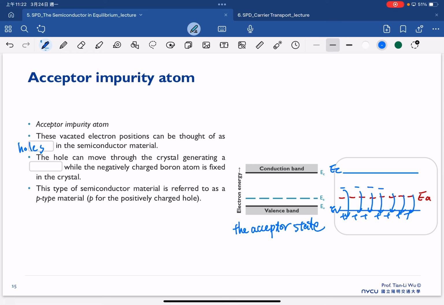And similarly, once a hole jumps to the valence band, these holes will contribute as a current. This will be the hole current.